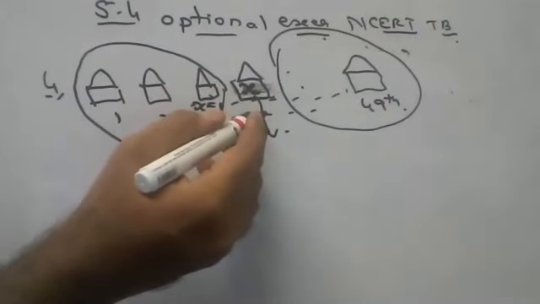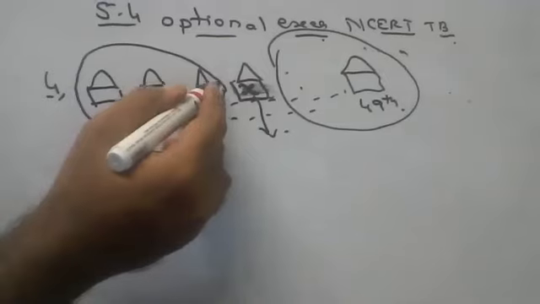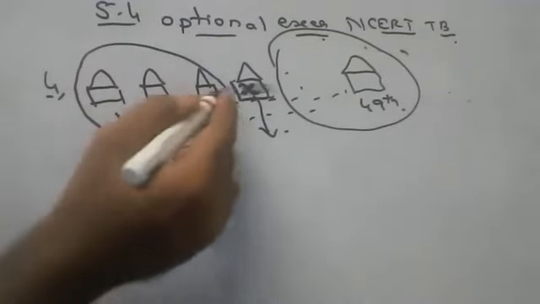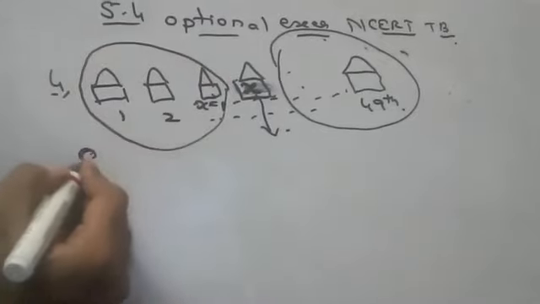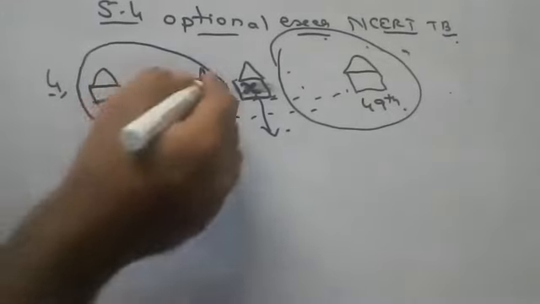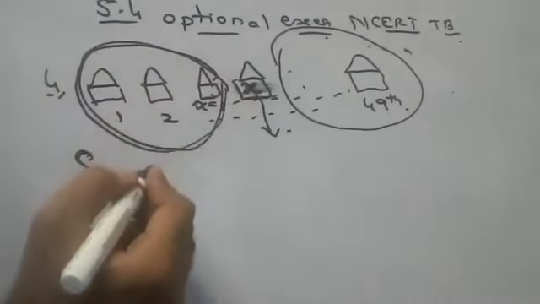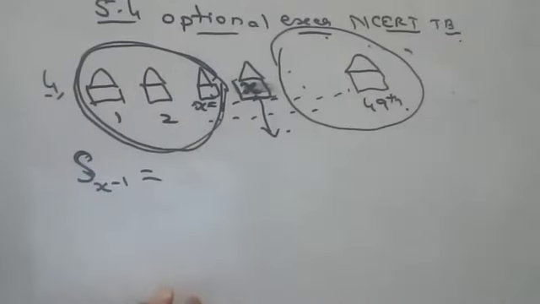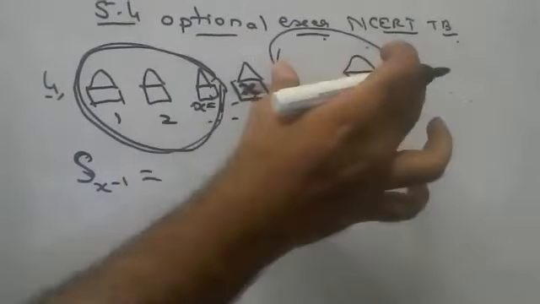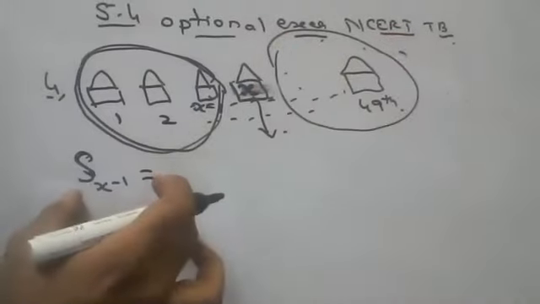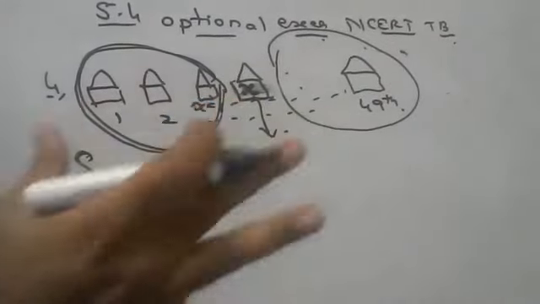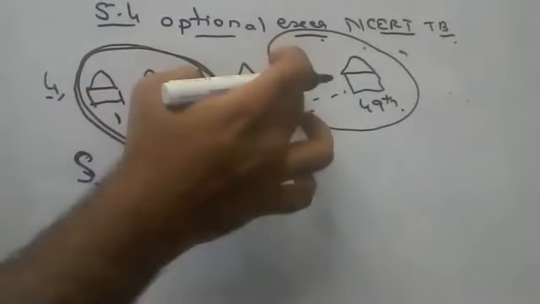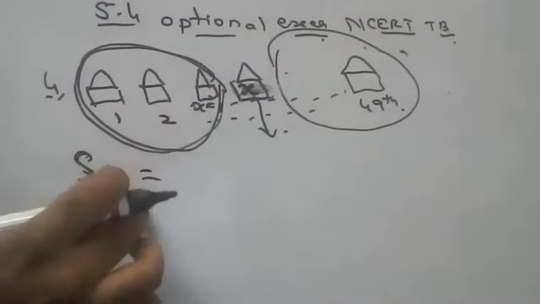I will find the sum up to X minus 1. From the middle onwards, I can't take a sum, because the first house and the next house we can't find out. From the middle onwards, I can't apply this formula.